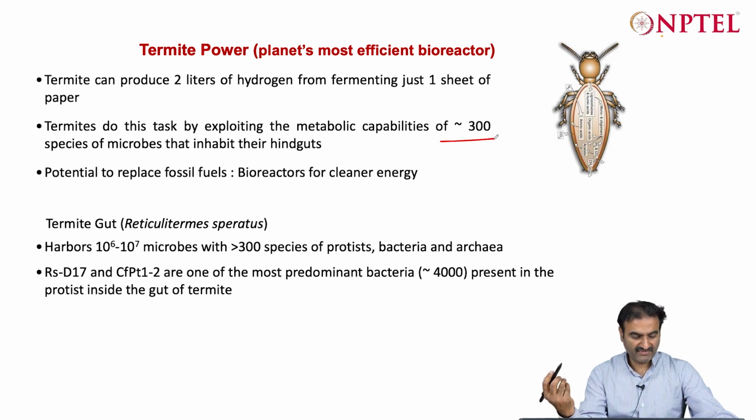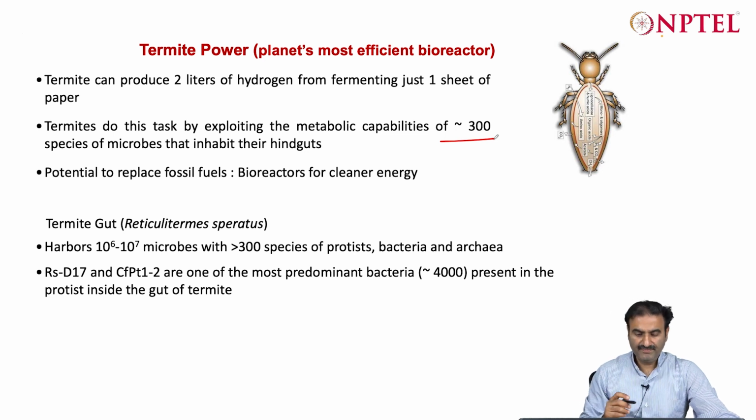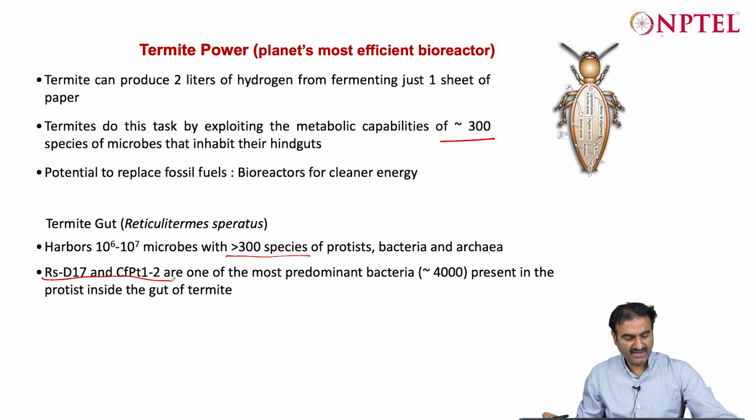But it is not a simple system. Although it has 300 species, these two, RSG17 and CFPT1, are the most predominant inside the termite gut.